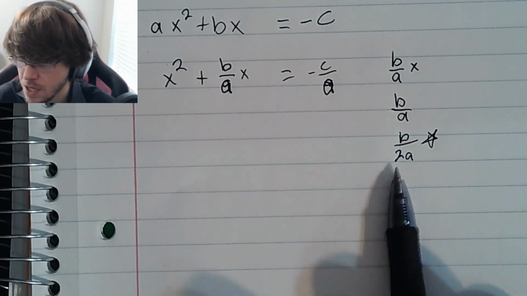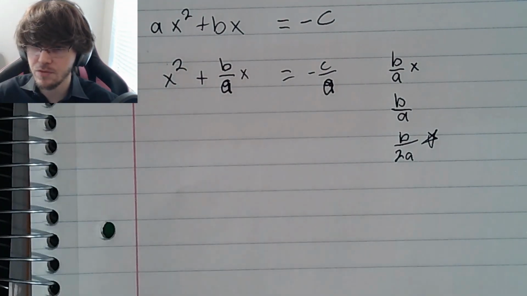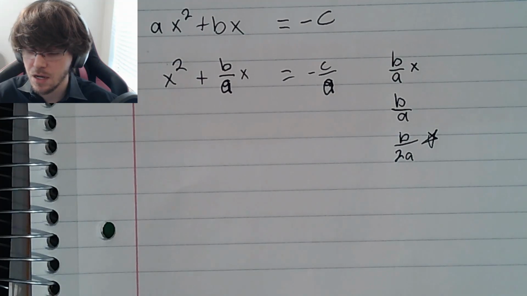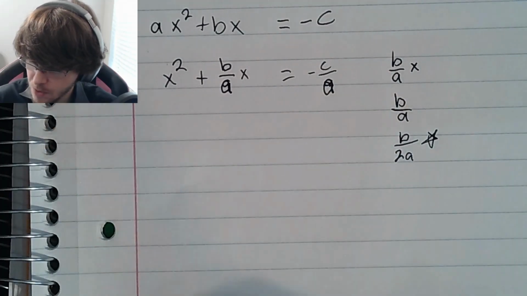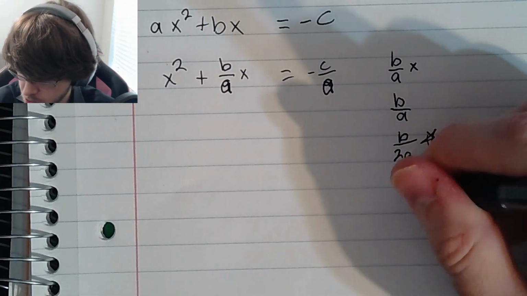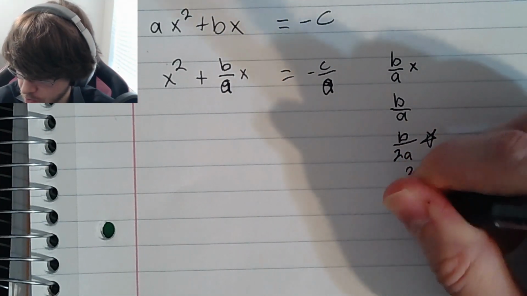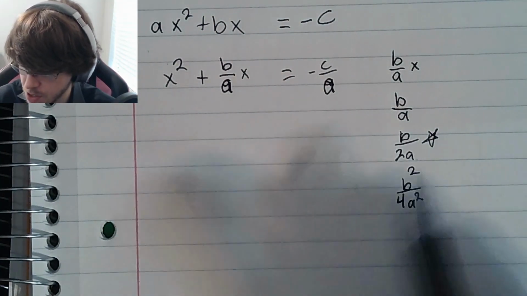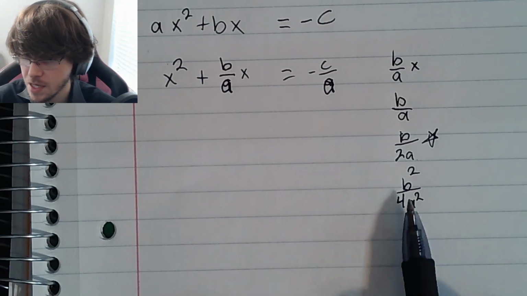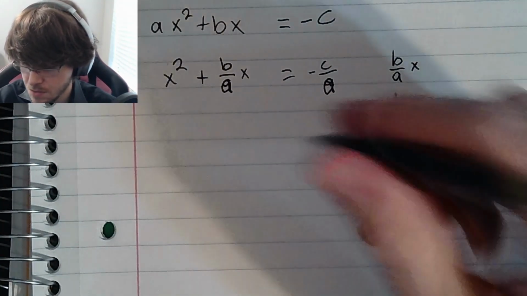By the way, that's where that b over 2a comes from in that formula from that previous lesson with the axis of symmetry. So you got b over 2a, and then we're going to square the entire thing as normal. b squared over 4a squared. So I squared everything. And that's the guy that we're going to add to both sides of the equation.